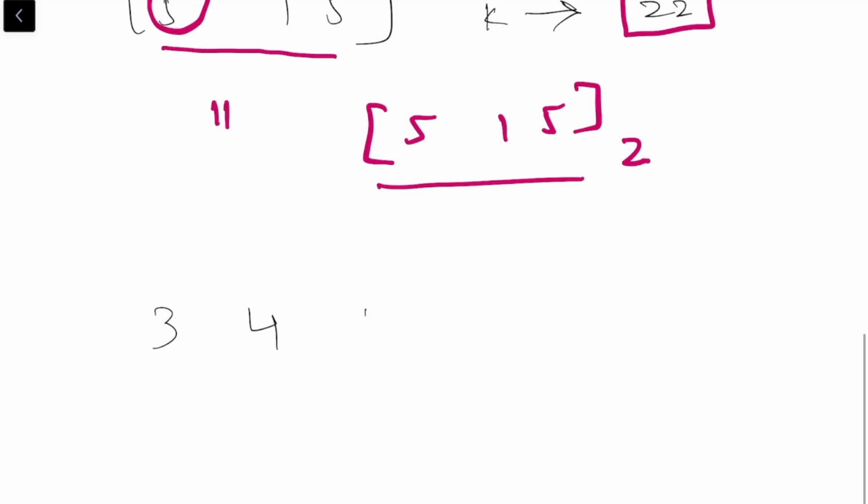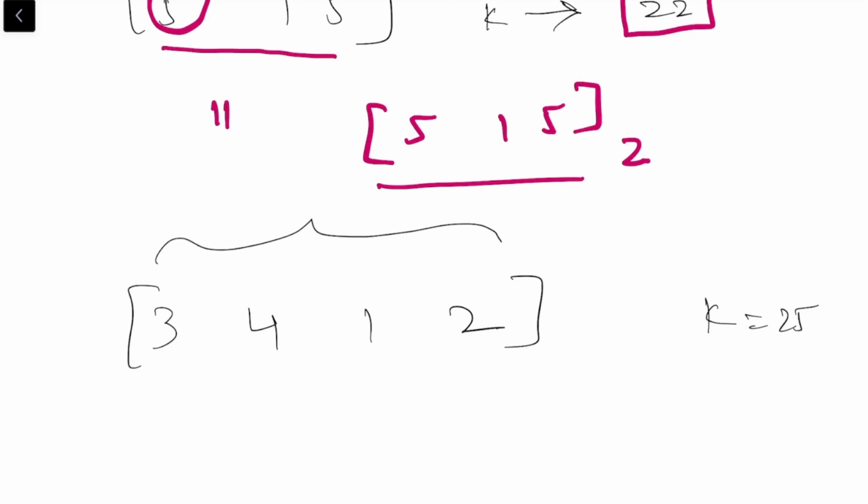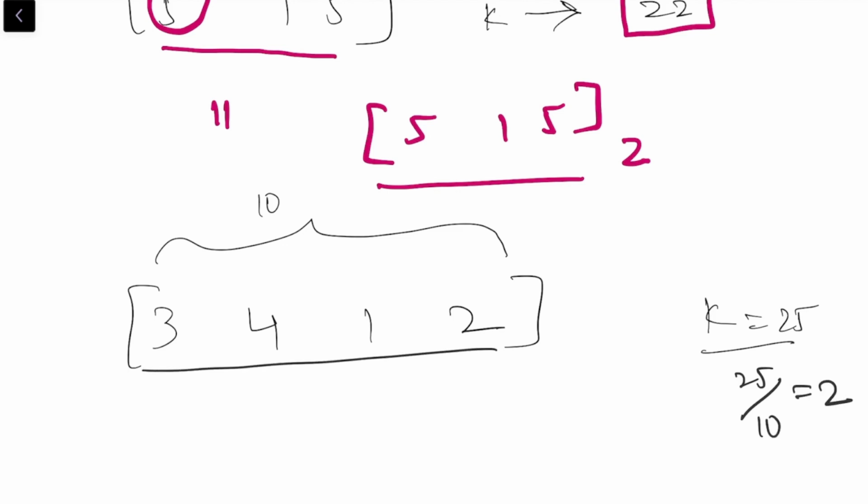Take 3, 4, 1, 2 and k is 25. The sum is 10, and k is 25. We can fit 25 as 3, 4, 1, 2 two times, and the remainder, 25 modulus 10, is 5.